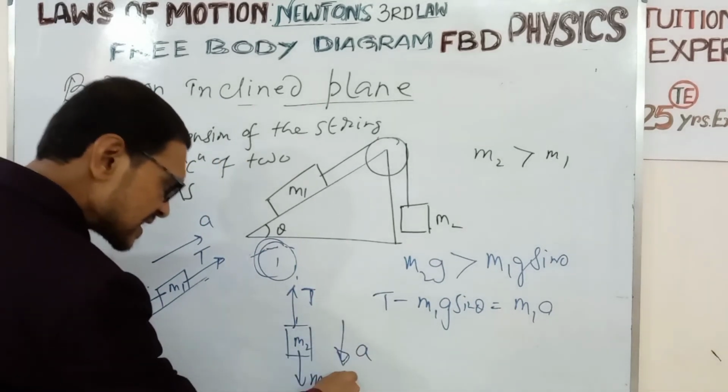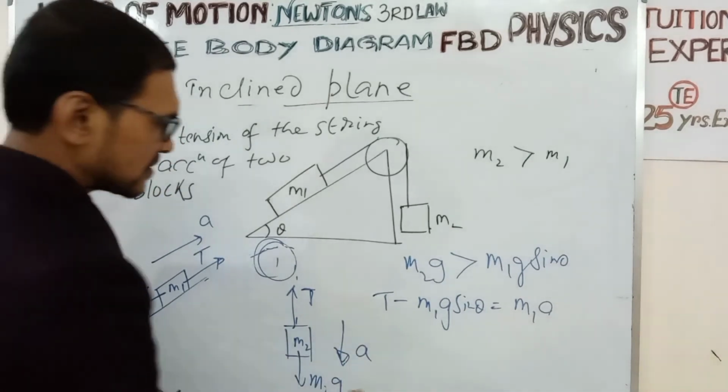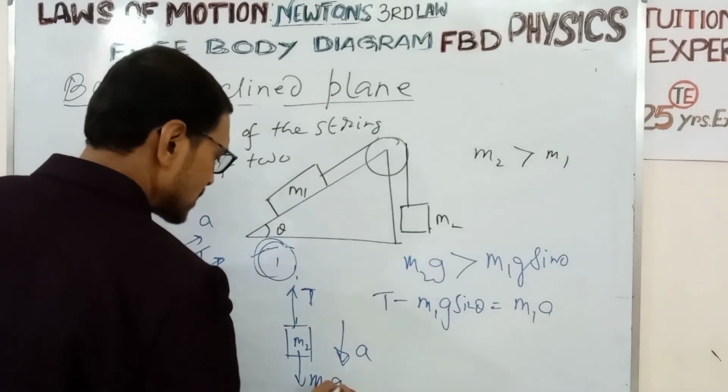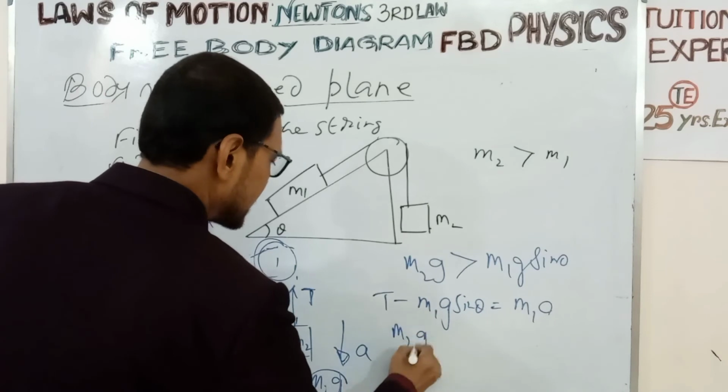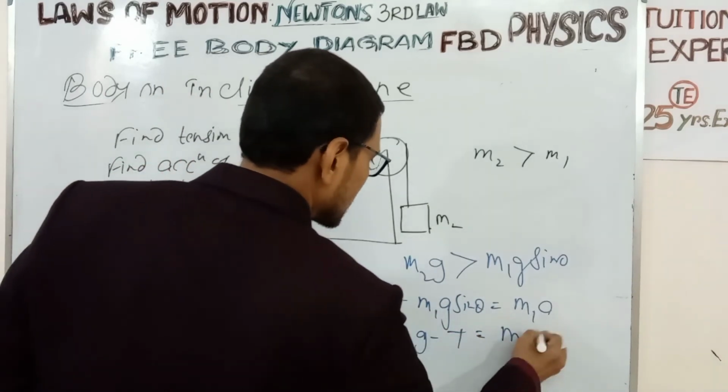Between T and this force, the force along the direction of acceleration must be greater by the general concept. So m2g minus T equal to m2a.